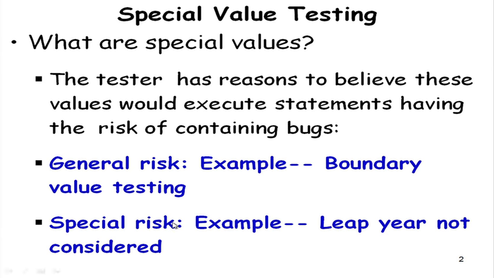The other is special risk, where depending on the kind of program, the problem description and so on, the programmer might miss certain things. For example, let us say we want to compute the day for a given date.